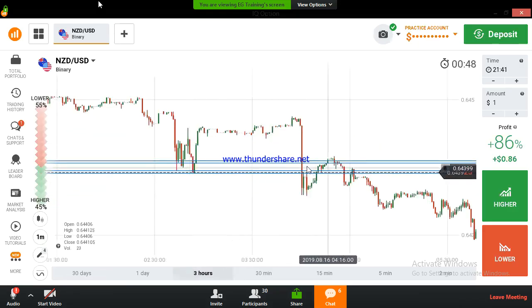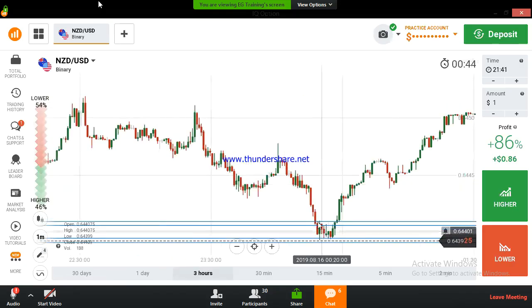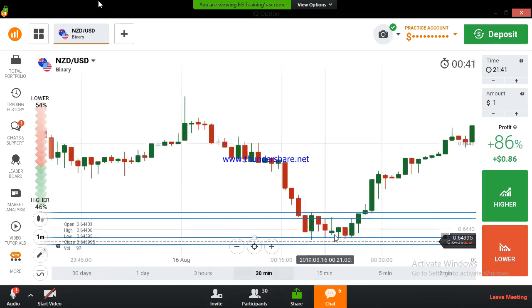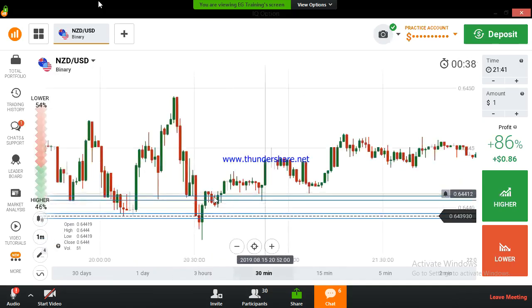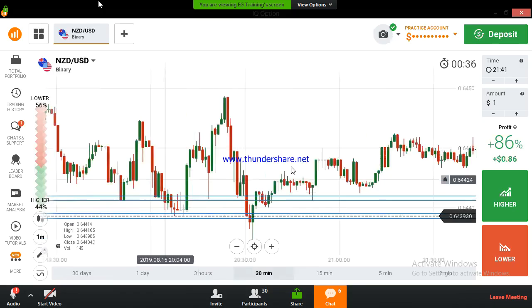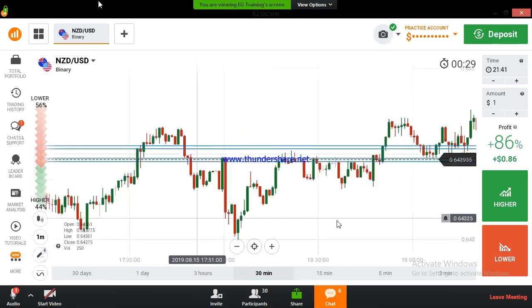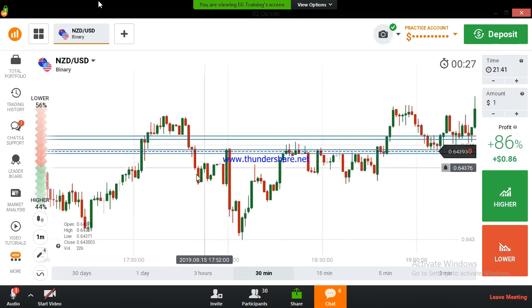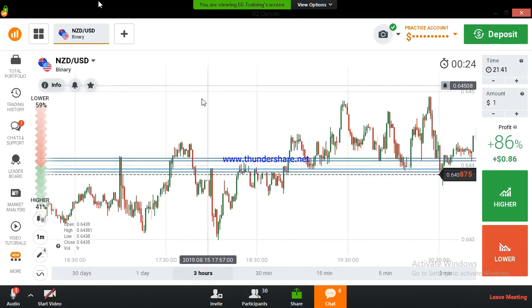This is also a level but not stronger than this level. Here also after breakout it got support and it reversed. Here also it reversed, reversal after reversal. It got support. This level also works, but mostly the above level is working as a strong level here.